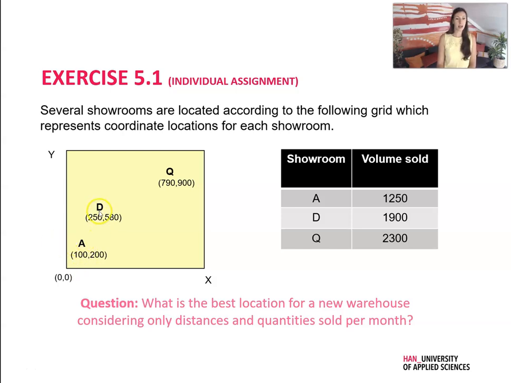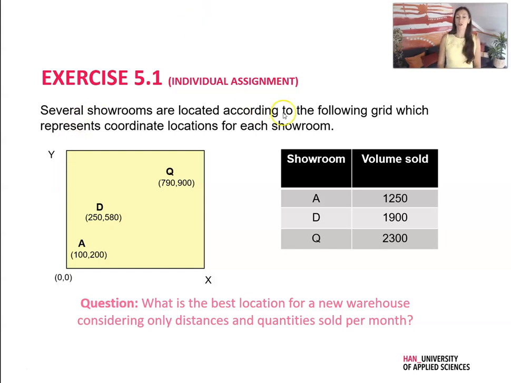D instead has a 250x location, and the y coordinate is 580. And Q is a bit more distant showroom, located at 790x and 900y. So this is where we have our x and y coordinates for each of the locations that we want to consider.